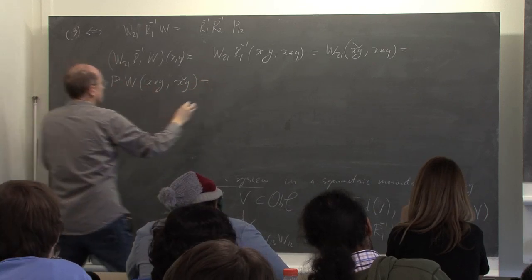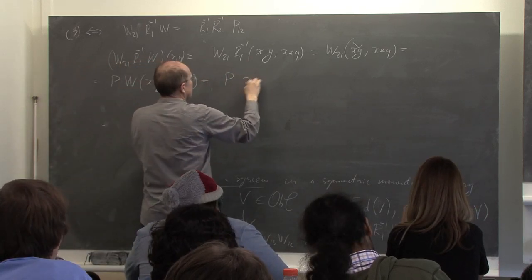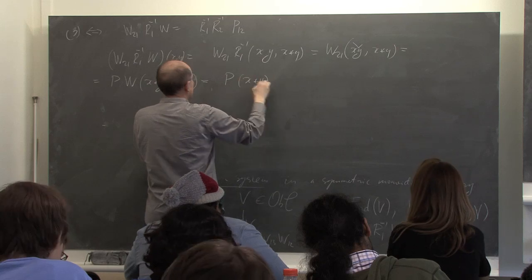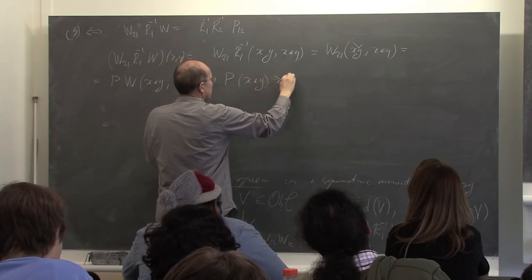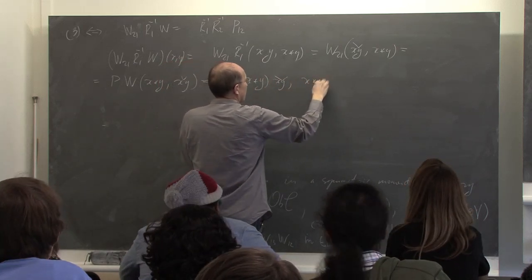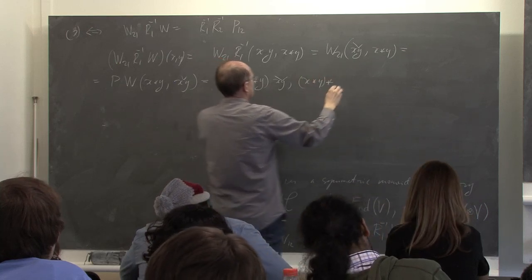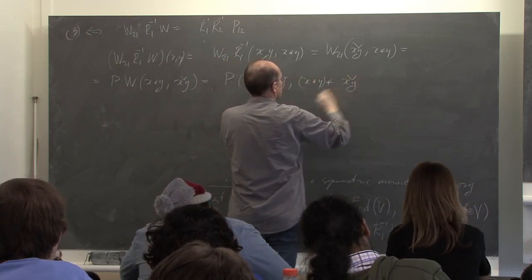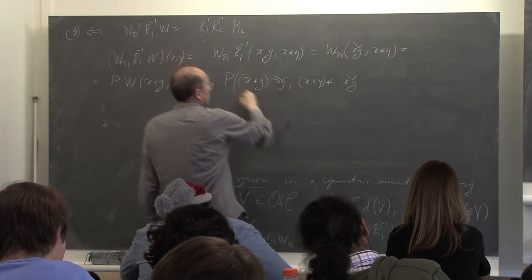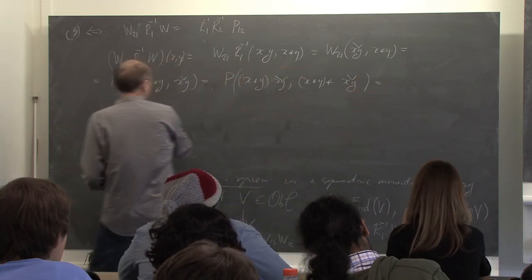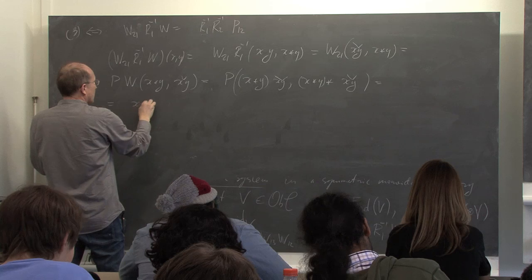Now we use W again. P of (x*y)·(xy check), (x*y)*(xy check), and P means exchange of two components.